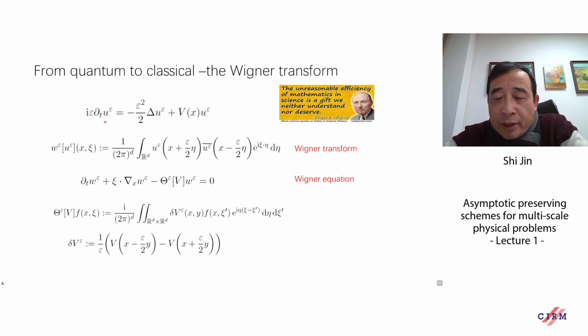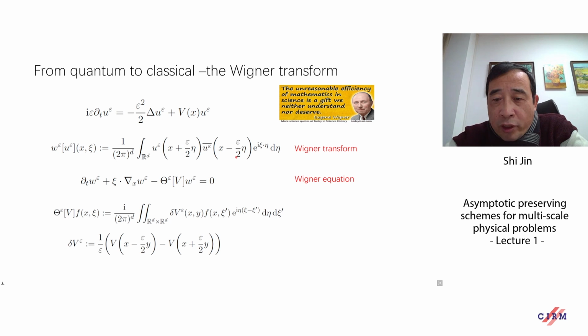So we start with this dimensionless Schrodinger equation, and this is the Wigner transform, which is essentially a Fourier transform on the quadratic quantity u times u bar, where u is the wave function and u bar is its complex conjugate, evaluated at different physical locations, x plus some variable and x minus the same variable.